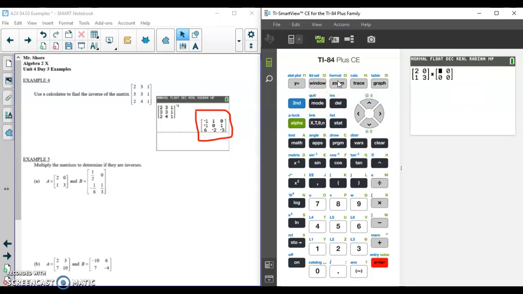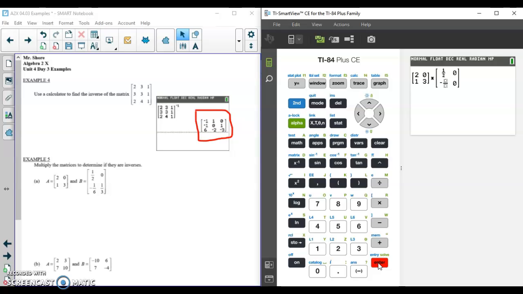And again, B is also a 2 by 2 matrix. Now the first one is 1/2, so we get a fraction. So it is 1/2. We don't need that 0, we'll just delete that 0. And the next one is 0. The next one is -1/6, so negative. We want to tell it to enter it as a fraction.